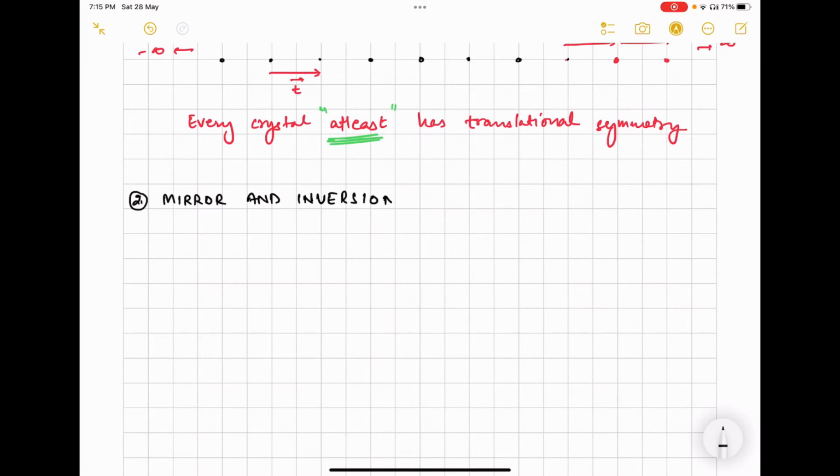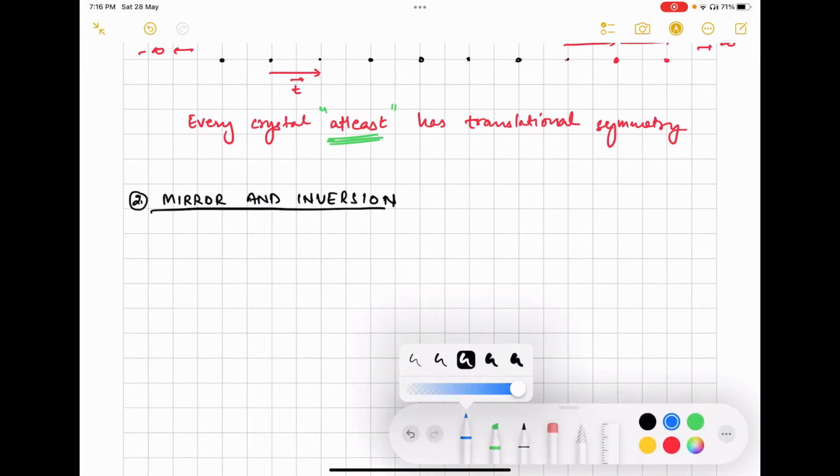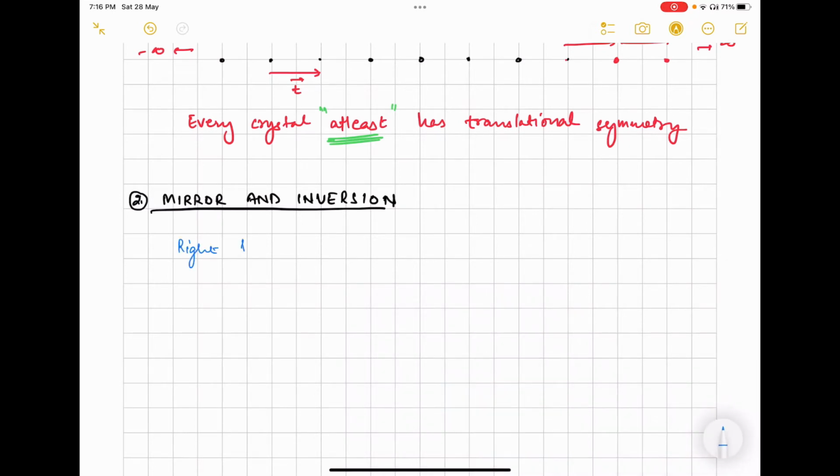So let us first establish conventions for right hand and left hand objects. Right-handed objects above the plane will be represented by a hollow circle. Left-handed above plane will be represented by an open square.